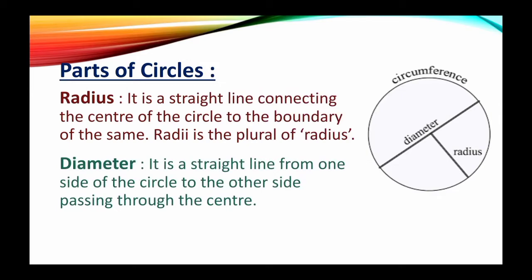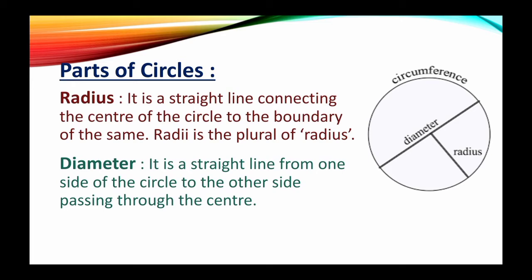Now come to the diameter. It is a straight line from one side of the circle to the other side, passing through the center of the circle. The line that connects two points on the boundary and passes through the center is known as the diameter.